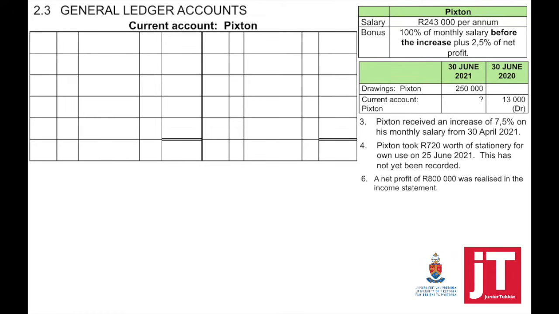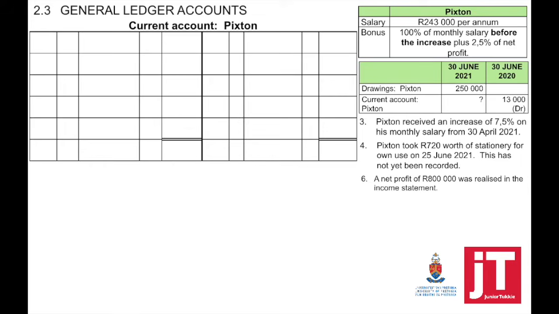Completing the current account of Pixton. Remember, what goes into the current account is what a partner is entitled to, which is your primary distributions of profits. This is salary, bonus, and interest on capital. On my debit side, I would always have what the partner has taken from the business.